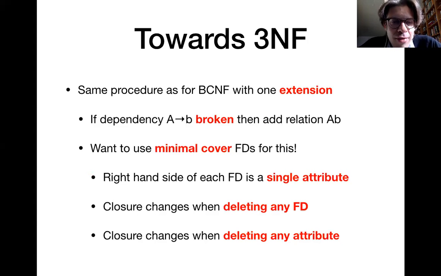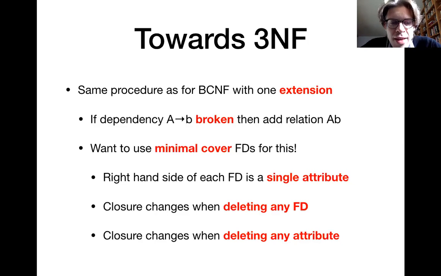So whenever we have a dependency of type A implies B, which is broken by the decomposition, then we simply add a relation A implies B into our database schema. In order to make this work well, it is important that we use the right set of functional dependencies for our analysis. We have to use something called a minimal cover of functional dependencies, which essentially means that on the right-hand side of each functional dependency, we only have a single attribute.